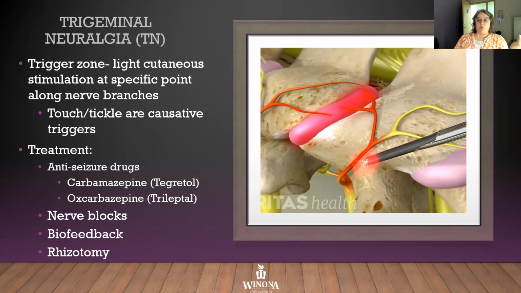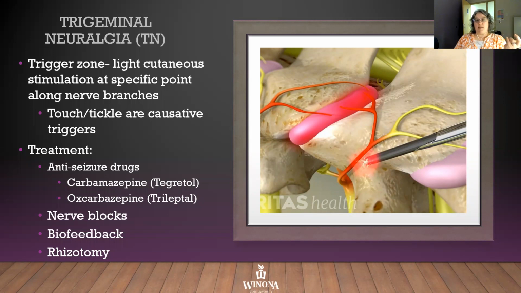Or you can have what's called rhizotomy. Rhizotomy is where the nerve is either cut or destroyed using a radio frequency current. That will destroy the nerves that innervate the face with highly localized heat or generated radio frequency, and that nerve destruction severs the communication link.